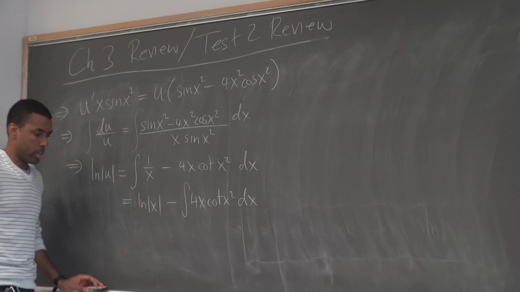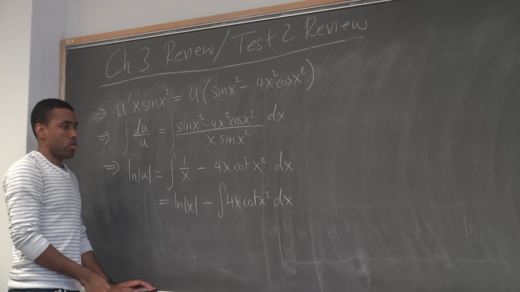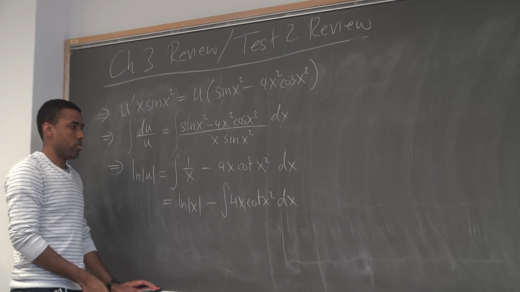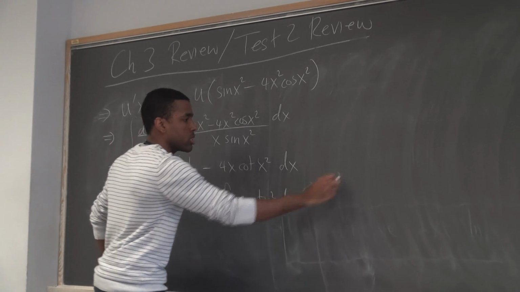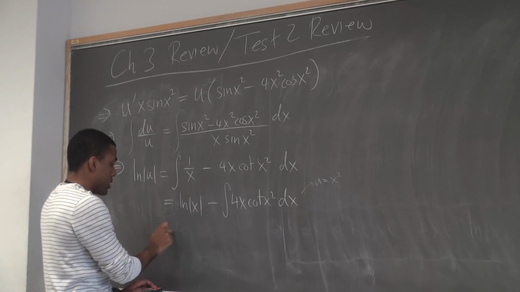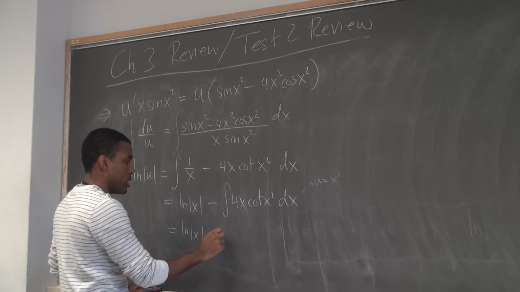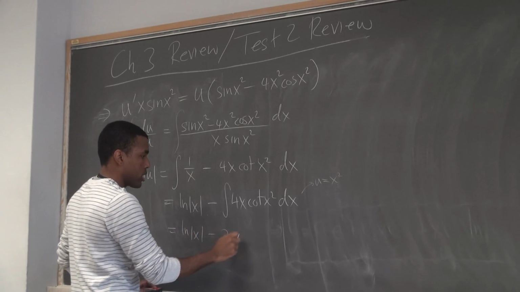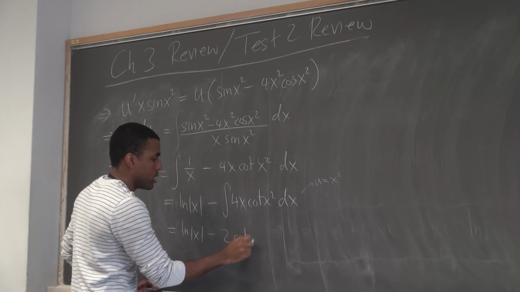How do we deal with that guy? Integration by parts. No, substitution. Right. First, you do a u equals x squared, right, to write this simpler. And so this will actually give us ln x minus 2 cotangent u.